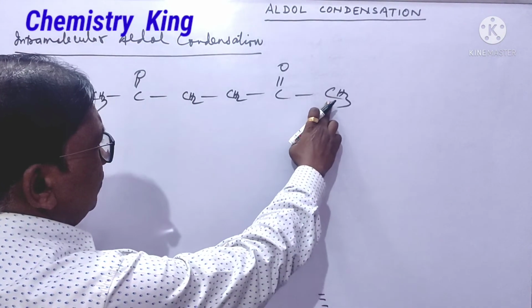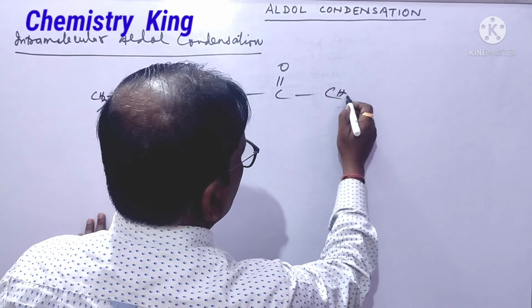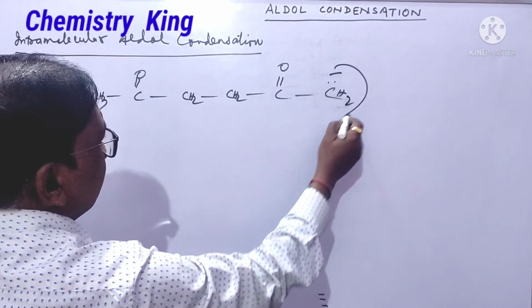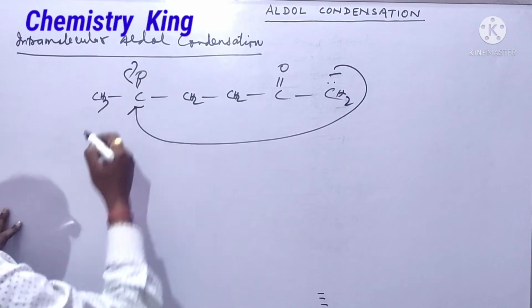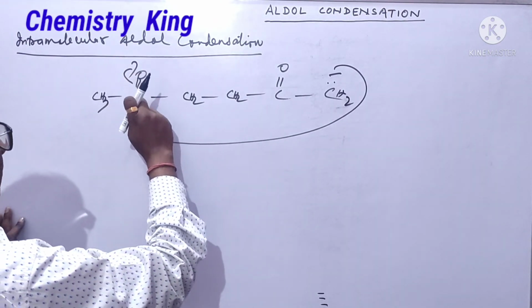If the negative charge is here, suppose in the first stage, it will attack here leading to 1, 2, 3, 4, 5, a 5-membered ring.